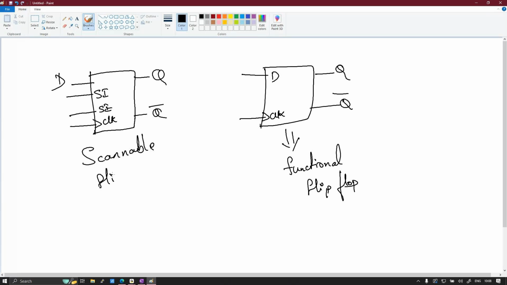Based on the working of that particular design, this flip flop can either work as a functional flip flop or a scannable flip flop. That means I can test this flip flop. SI means scan input. SE means scan enable. If scan enable is 0, it's a functional flip flop. If it is 1, then it is a scannable flip flop.